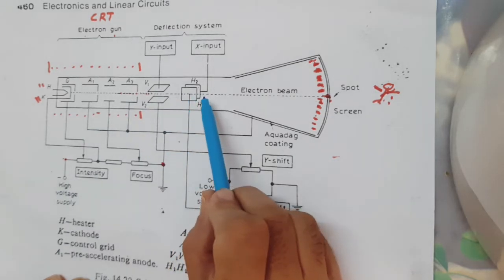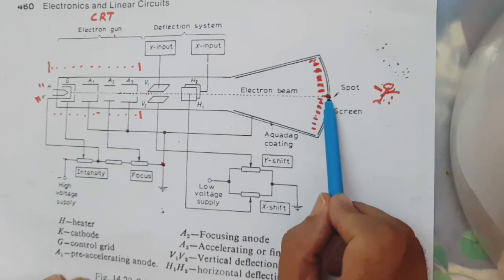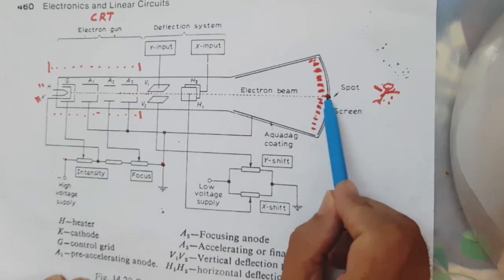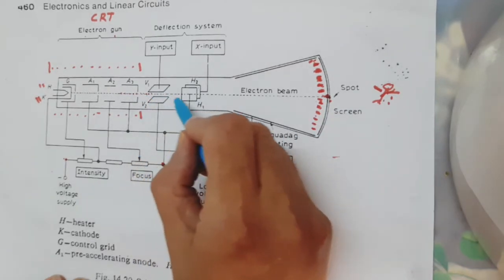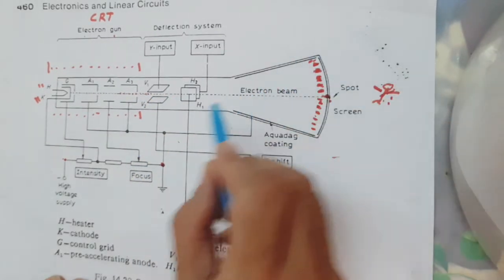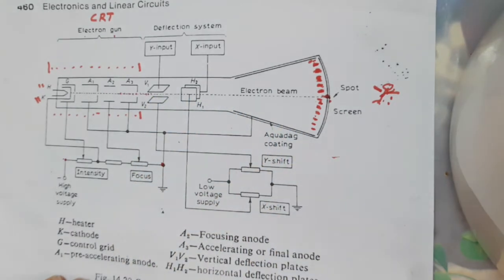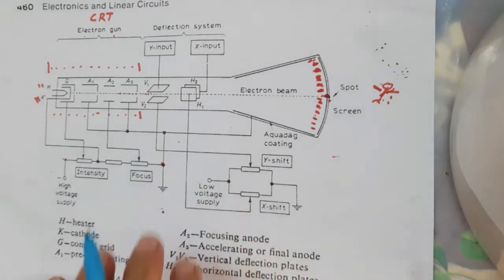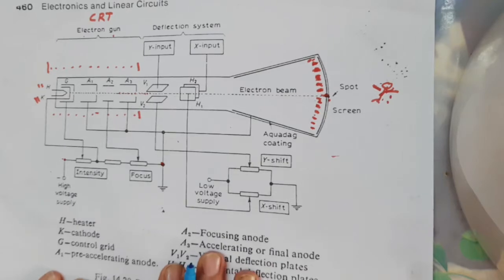After passing through this, the beam of electrons strikes the screen of the CRO and we get a spot on the screen. If V1 is more positive, it moves upward. If V2 is more positive, it moves to the lower side of the screen. In this way, we deflect the beam. This is the working of the CR tube.